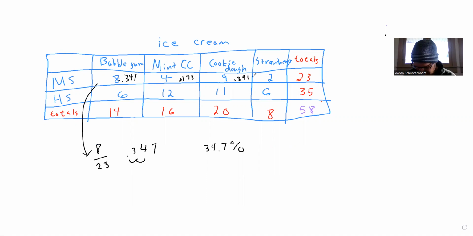And strawberry, I do 2 divided by 23. 0.087. Oops. Need to write that correctly. 0.087.